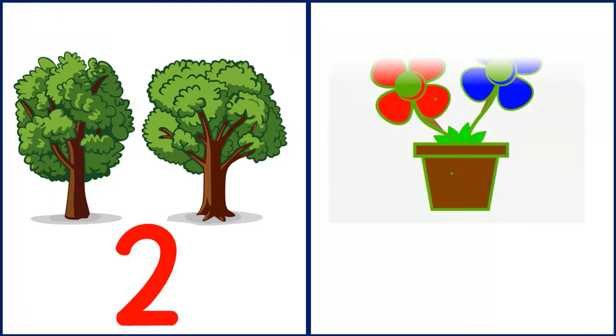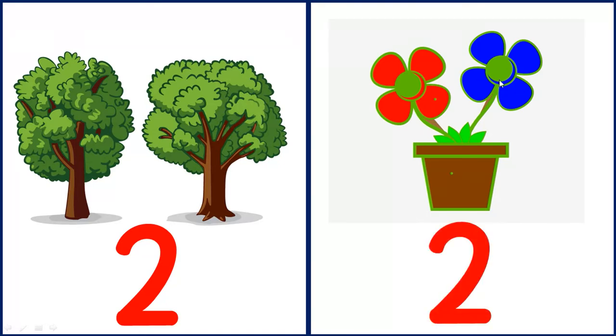In this picture you can see a red flower and a blue flower. How many flowers are there altogether? Count and say. Two flowers. Yes, you are right. One, two. Two flowers.